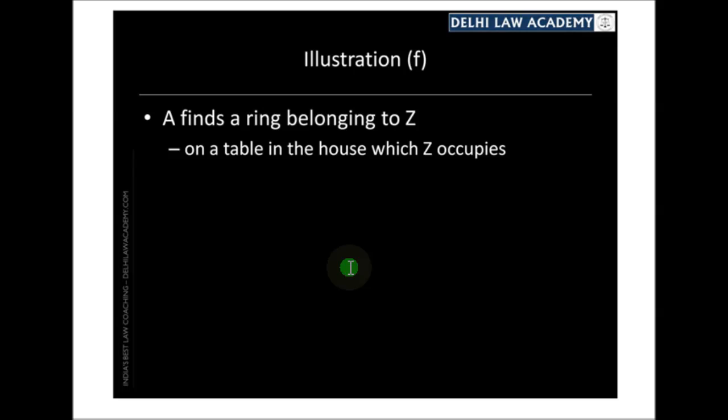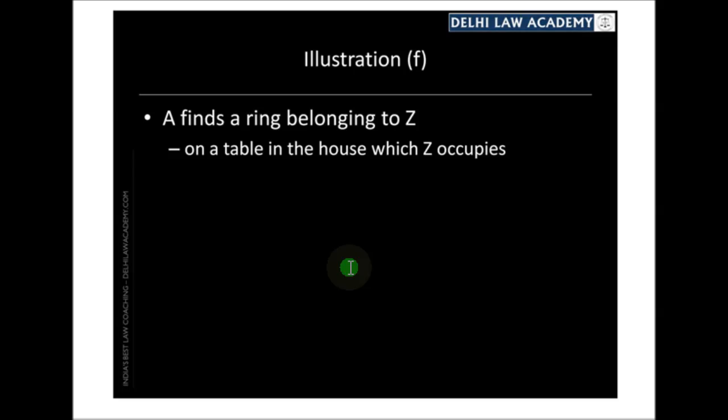A finds a ring belonging to Z on a table in the house which Z occupies. In this case, the ring is not in Z's pocket, not in his physical possession, not on his finger. The ring is actually lying on a table inside the house of Z. The legal position is that anything lying in the house of a person is in possession of that person.